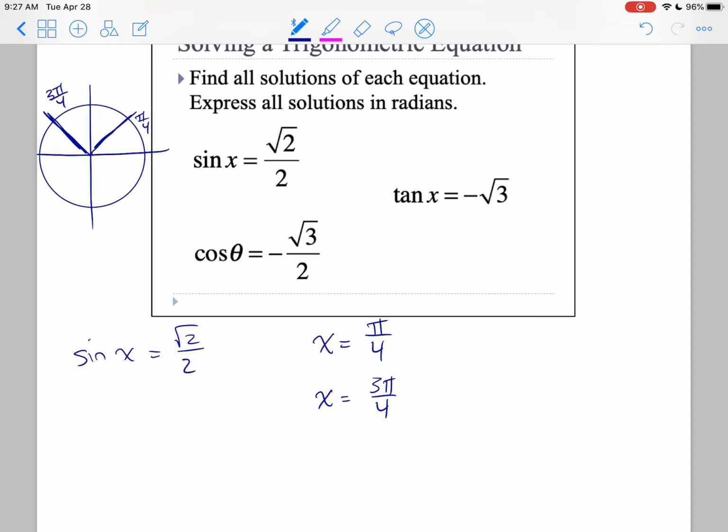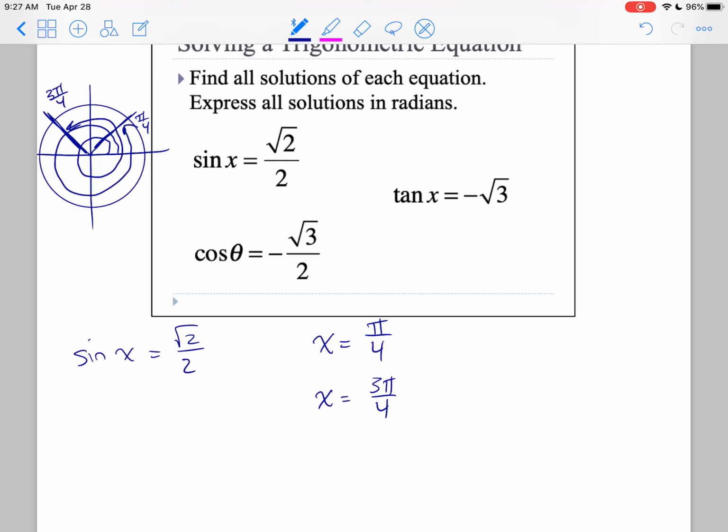But now what we have to consider is that's not all of the solutions, because if I went all the way around this circle and came back to pi over 4, that would also give me a solution. So 9 pi over 4 would work. And if I went all the way around this circle and came to here, that would also be a solution. Okay?